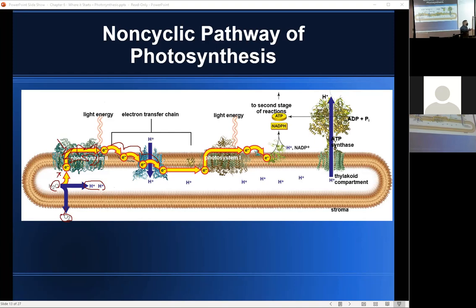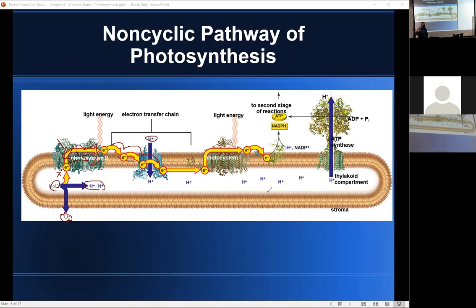And again, like I said, the cell can capture some of the energy of electrons going to lower energy states to do work in the cell. Specifically, the work that's going to be done by the electron transport chain of photosystem 2 is that a proton is going to be pumped from the stroma into the thylakoid compartment. So it's going to power active transport.